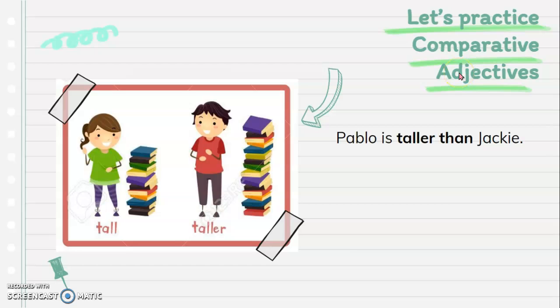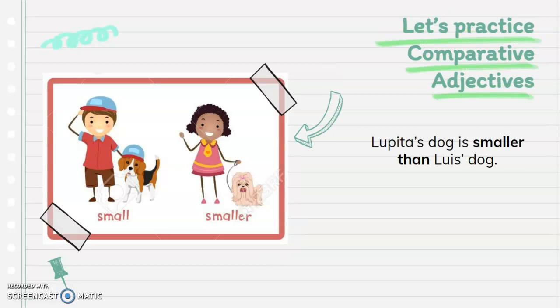Let's practice comparative adjectives. Pablo is taller than Jackie. Lupita's dog is smaller than Luis's dog.